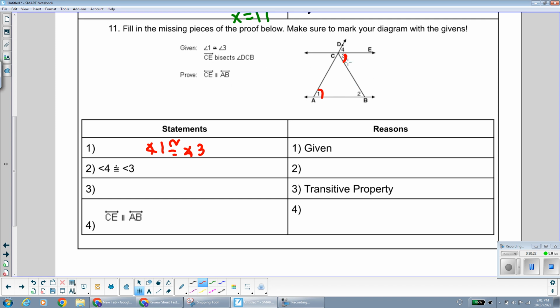Okay, so I marked angle 1 congruent to angle 3. My next given, oh, I almost made a mistake. There's 2 givens here. I need to put this here as well. Ray CE bisects angle DCB. So the choice is yours when you're writing your own proof, whether you want to put the givens in the same step or break them up into 2 separate steps.